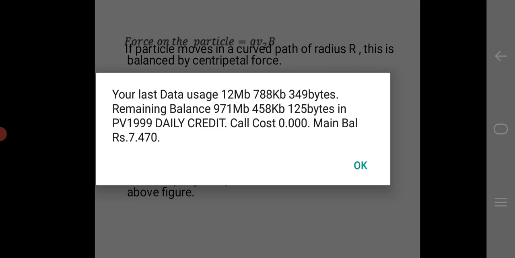If we put V2 equal to V, then r is equal to mV by qB, where r is the radius of the curve called gyro radius or cyclotron radius. The combined effect of circular and linear horizontal motion, V2 and V1, is to produce helical motion as in the above figure.